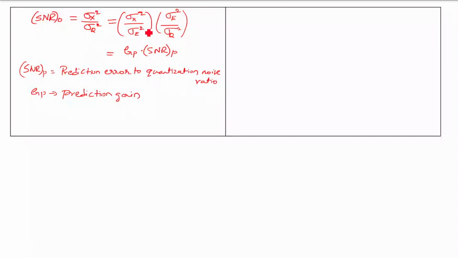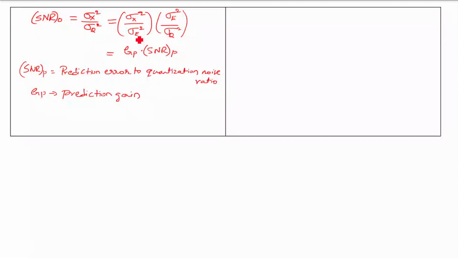Now if the predictor is very good, the variance of this prediction error will be very small compared to the variance of the signal itself. This ratio will be GP, and it will be very high if the variance of the prediction error is very small.